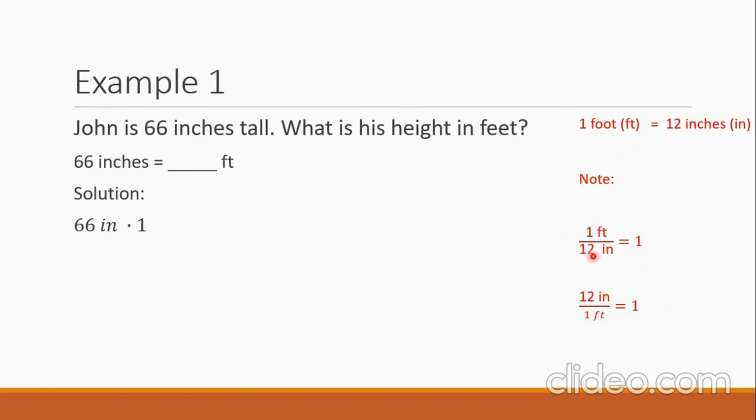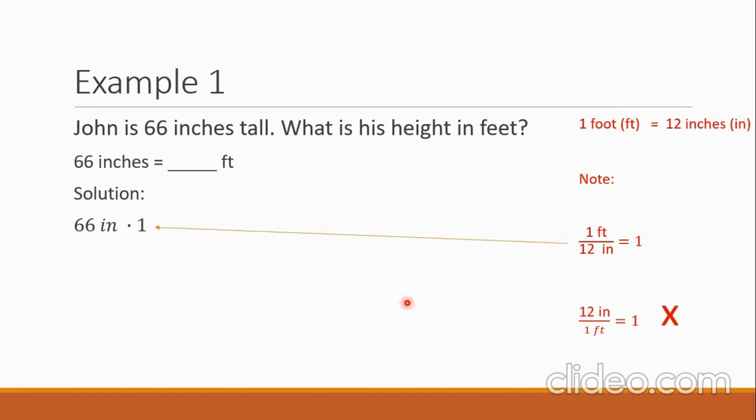1 foot over 12 inches equals 1. On the other hand, I can put the 12 inches on top, divided by the 1 foot at the bottom, and that is also equal to 1. It means to say one of these formulas will be used to replace the value of 1 here.